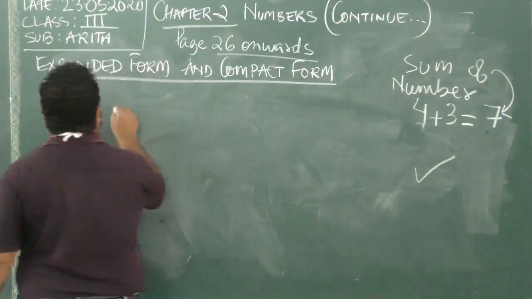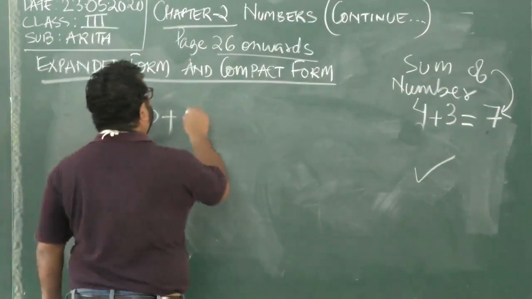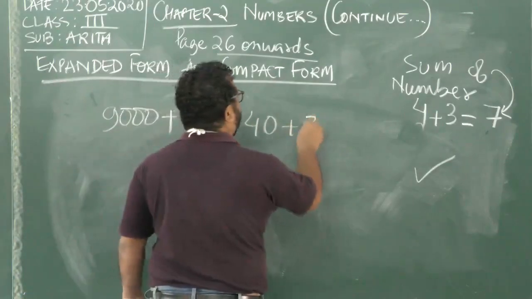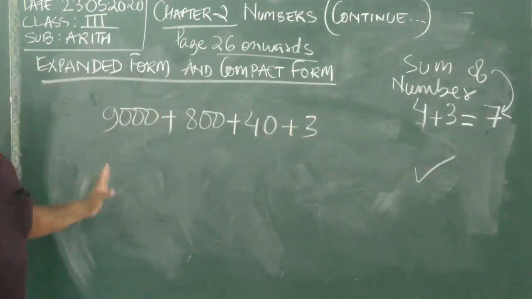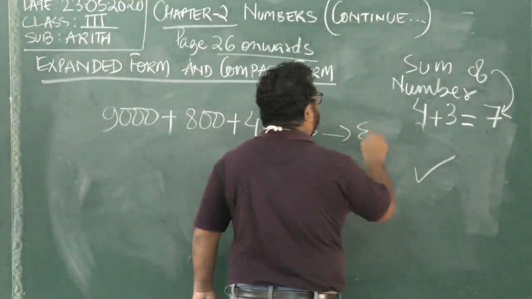Suppose we are getting an expanded form 9000 and 840 and a 3. So this is the expanded form that we have got.